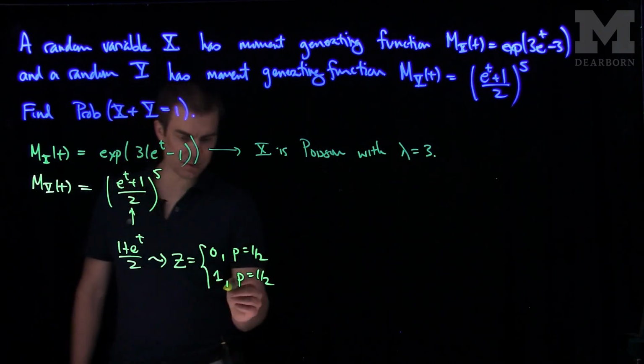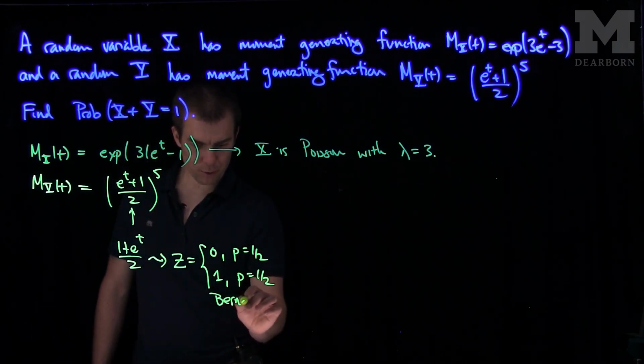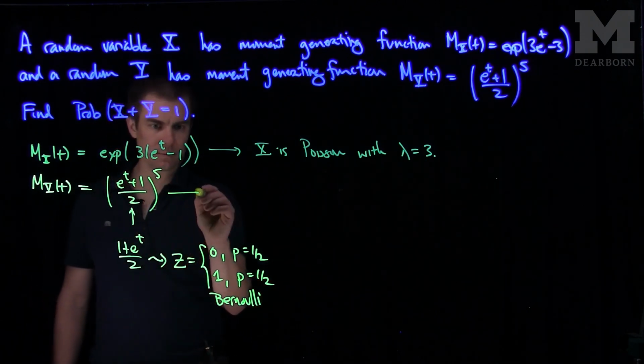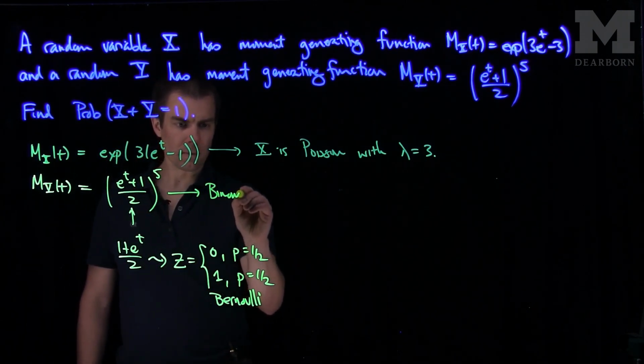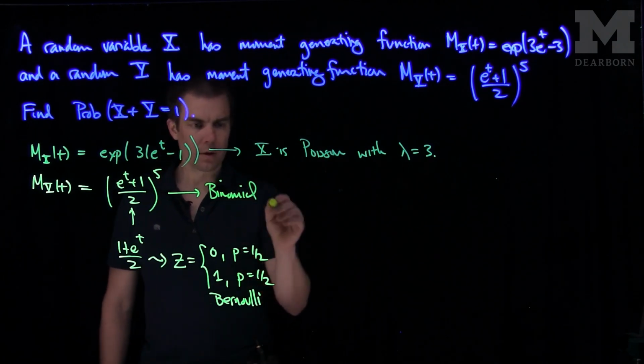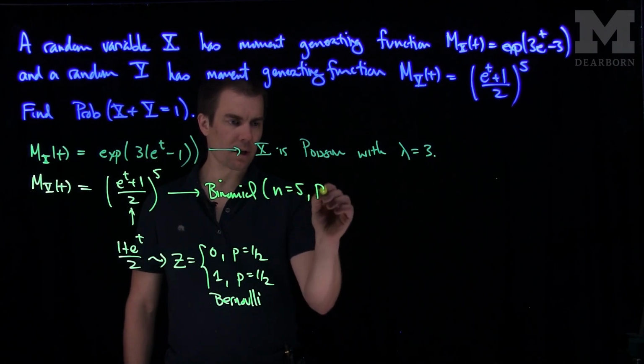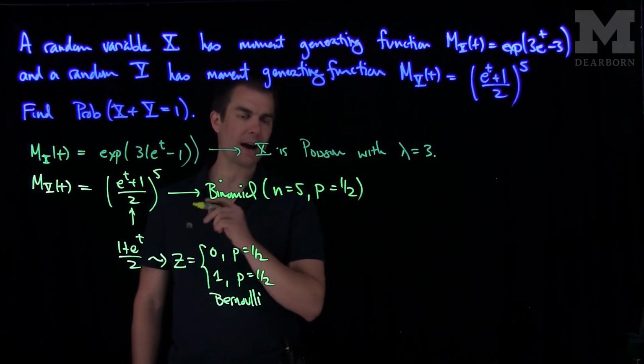And so this is a pure Bernoulli random variable. So if I have 5 copies of that, this will be binomial with parameters n equals 5 and p equals 1/2.